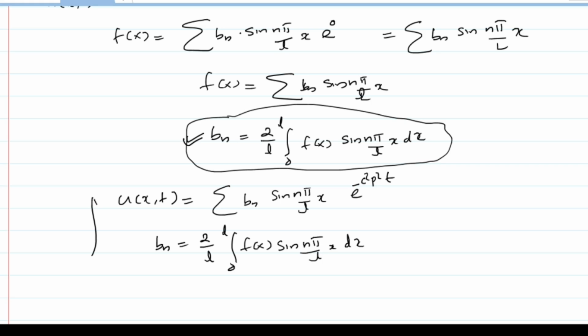So this is the final solution for the one-dimensional heat equation.